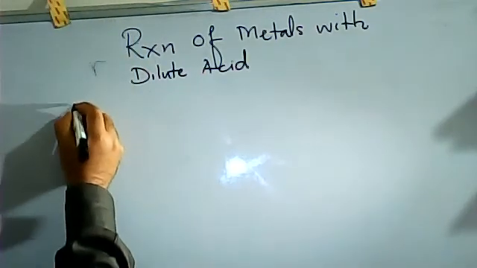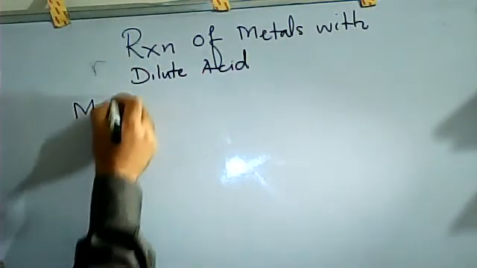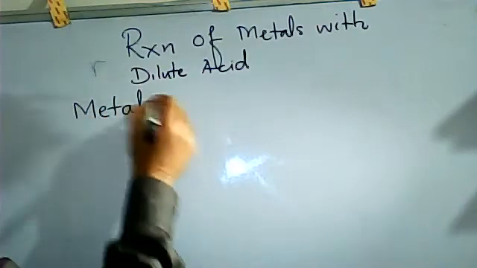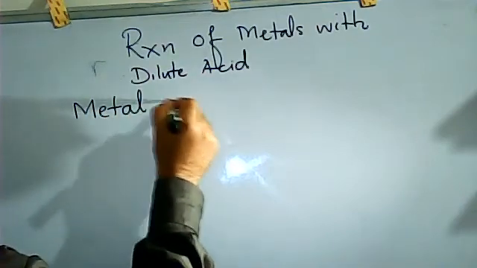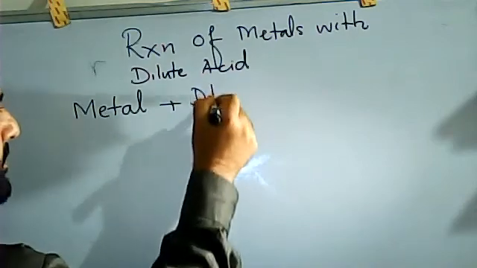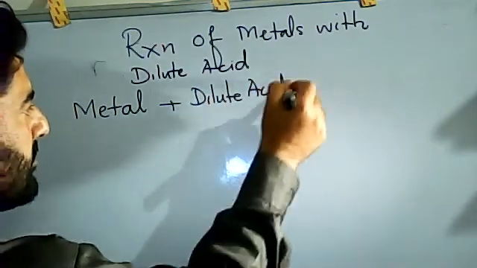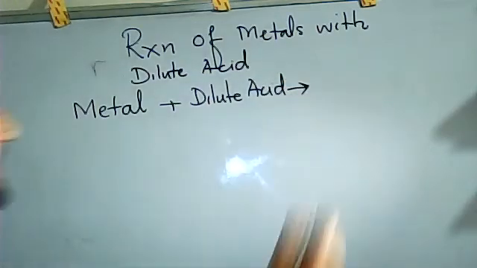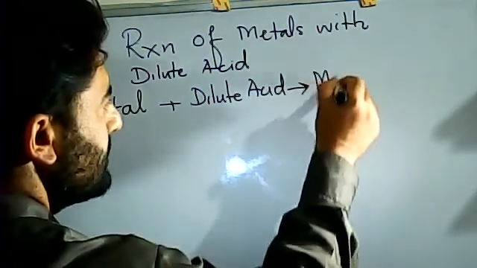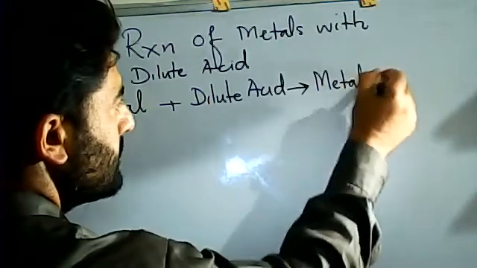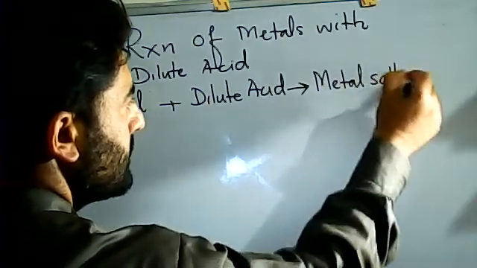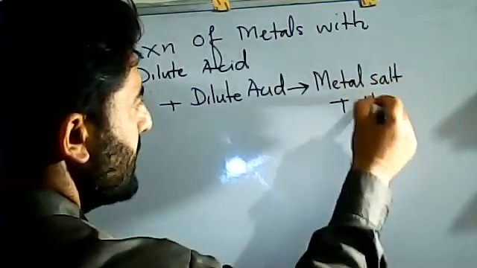So we'll write here: metal reacting with a dilute acid will give a metal salt plus hydrogen gas.